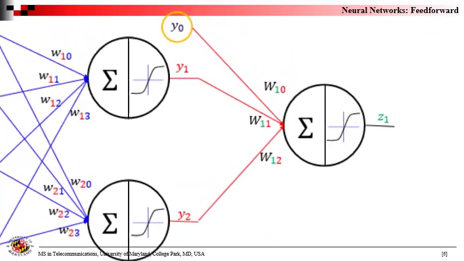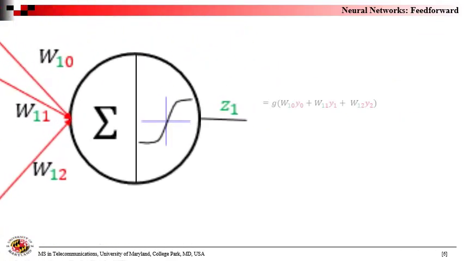All right, let's now look at the output node. The output node similarly is going to take the weighted sum of each one of the hidden node outputs, y0, y1, y2. y0 is the bias term, so that's just equal to 1. And each one of them is multiplied by their corresponding weights.